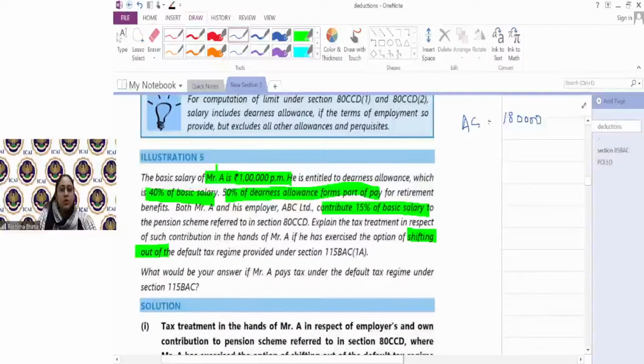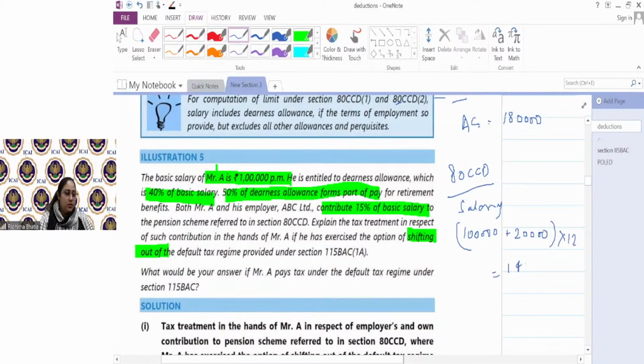Now, what is the salary for the purpose of 80CCD? It includes 1 lakh plus 40,000 of DA, of which 50% is 20,000, and commission was not given. So 1,20,000 into 12, so salary is 14 lakh 40,000. Okay? This salary is done.